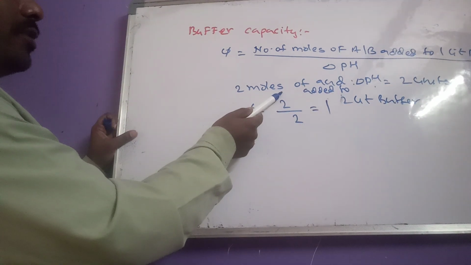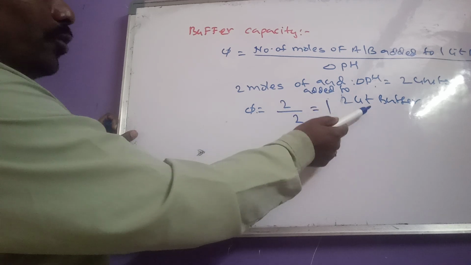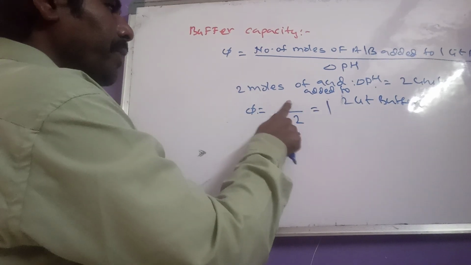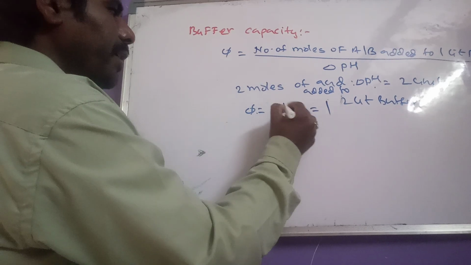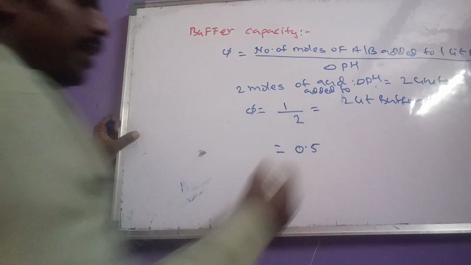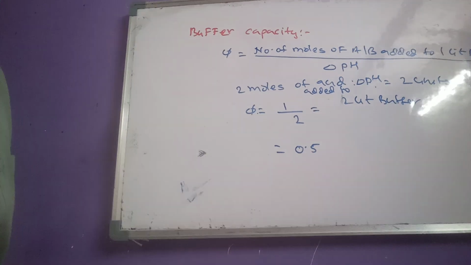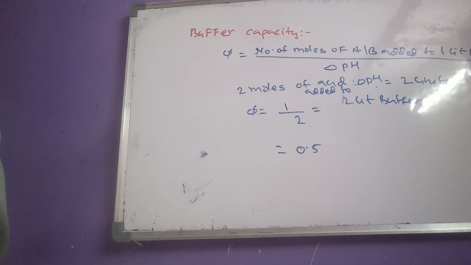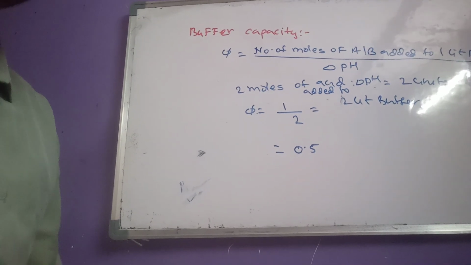But here 2 moles of acid are added to a 2-liter buffer, meaning per 1 liter of buffer, 1 mole is added. Therefore buffer capacity is 0.5. So like this we have to calculate buffer capacity.